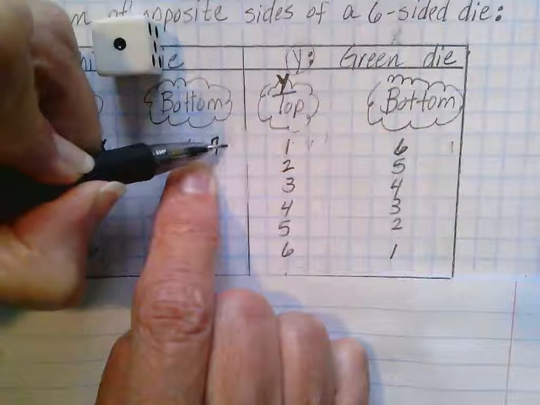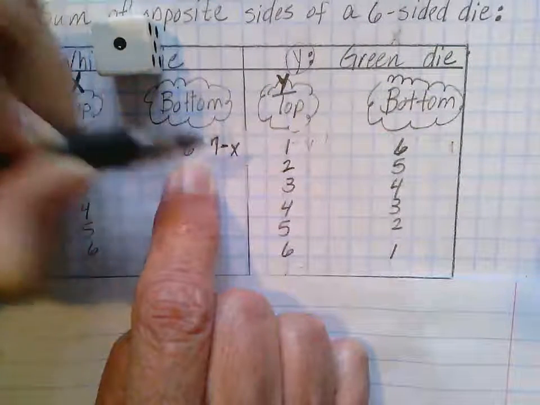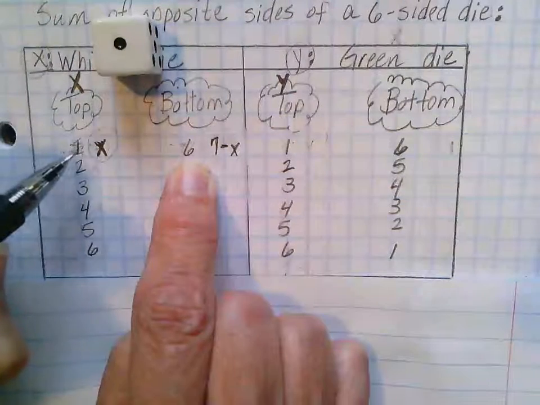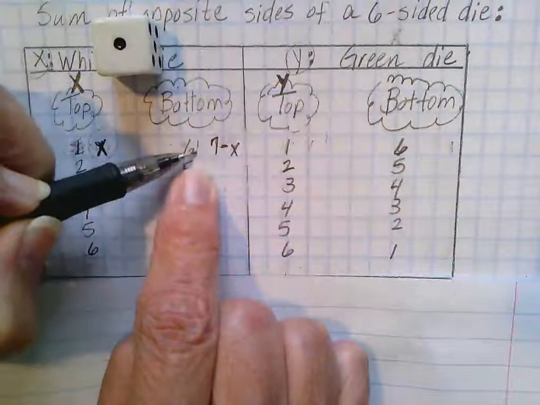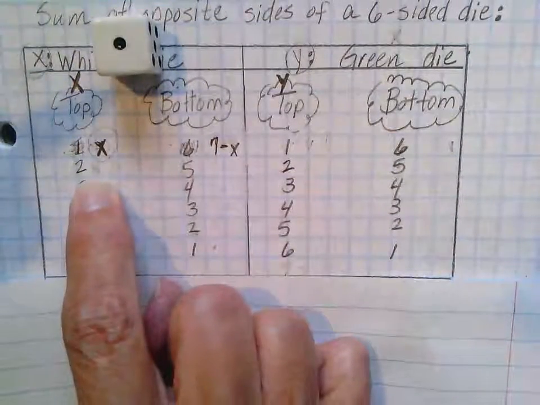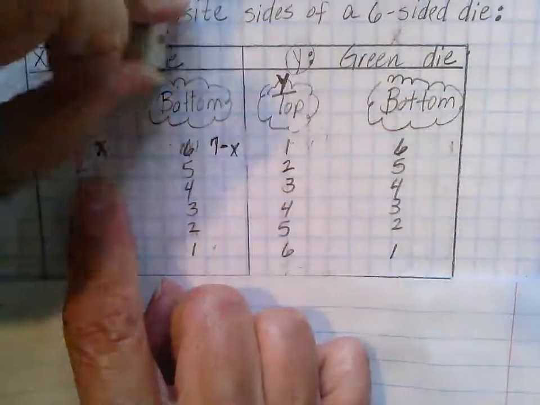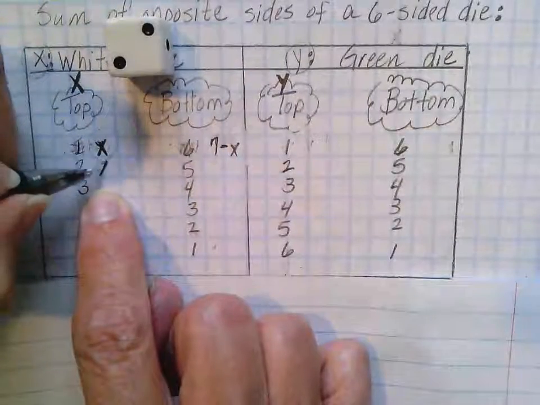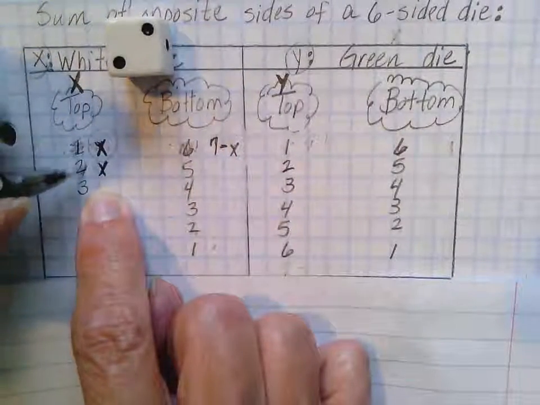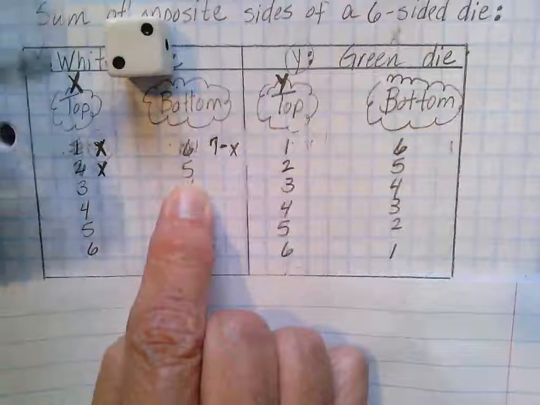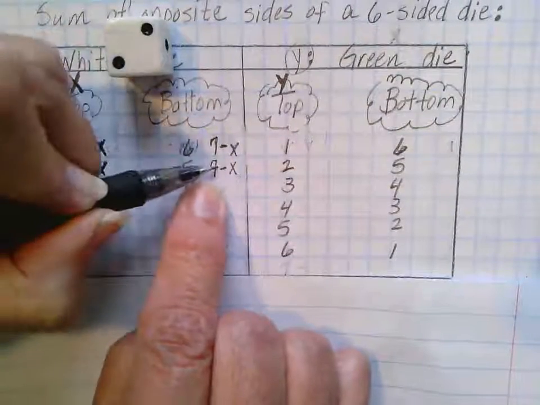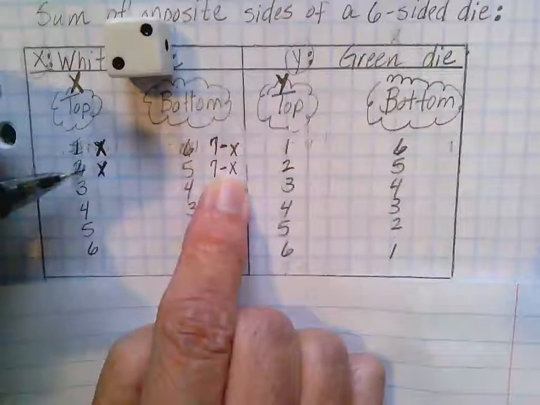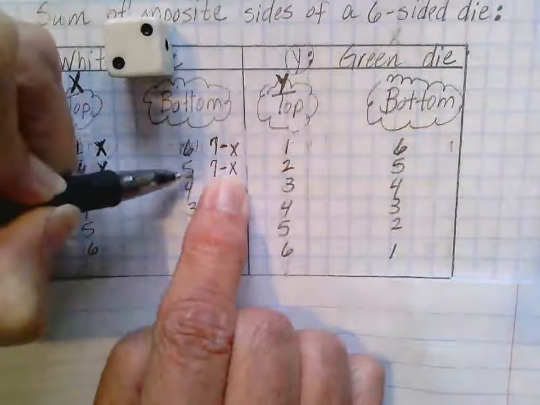So I can get a 6 when X is 1 by taking 7 minus the X. Well, what about when X is 2? To get a 5, I would simply take, again, 7 minus my X value, which in this case would be 2.